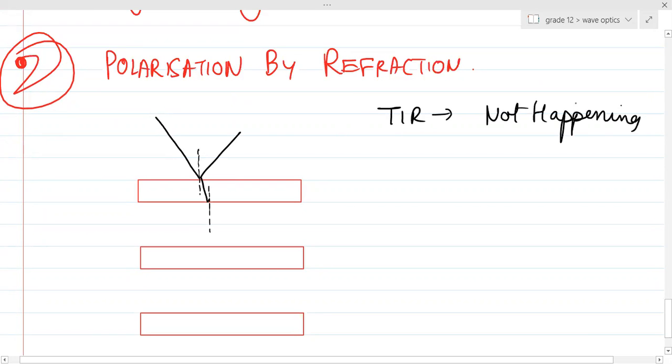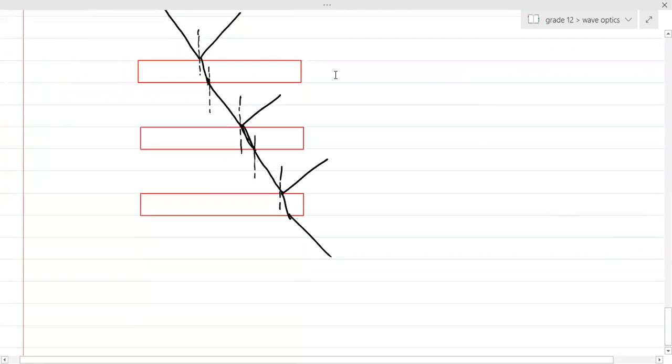So this light ray will come like this. After getting reflected, it will come like this. It will again reflect back and refract. Again come over here, again reflect and come back, and this will finally come out.